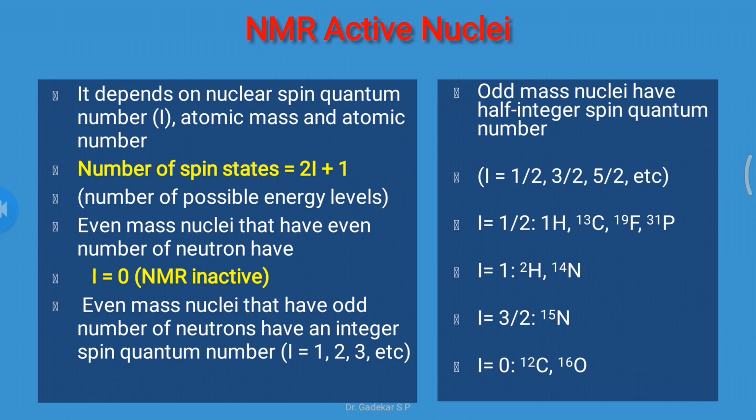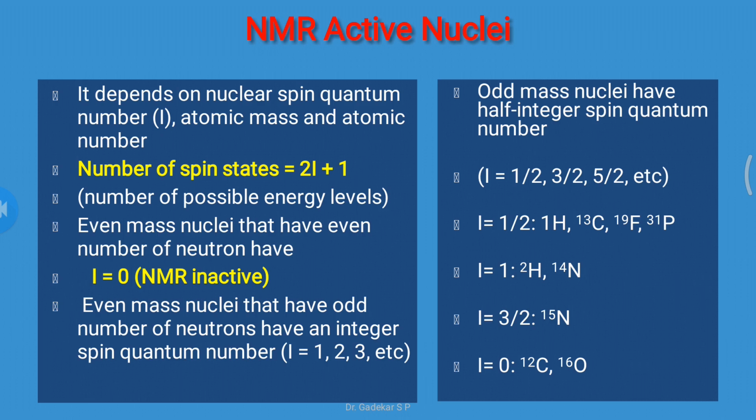Even mass nuclei with an odd number of neutrons have an integer spin quantum number, I equal to 1, 2, 3, and are NMR active.